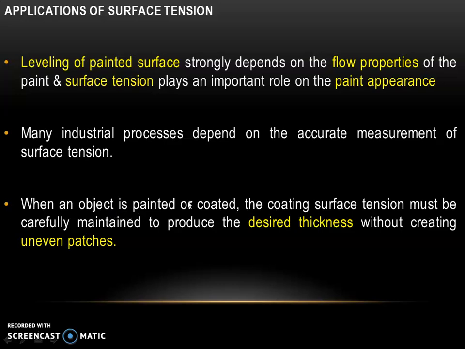When an object is painted or coated, the coating surface tension must be carefully maintained in order to get the desired thickness, or even thickness throughout, without creating any uneven patches.